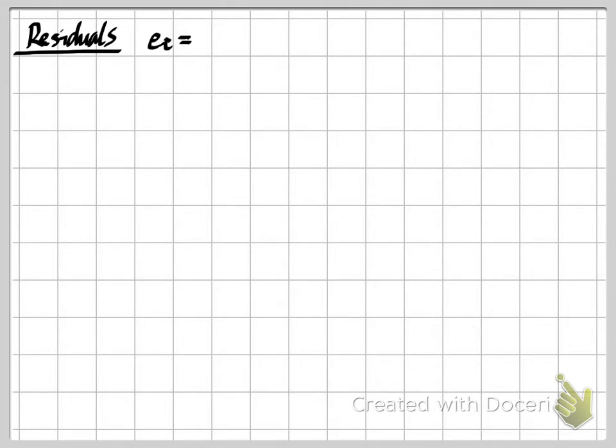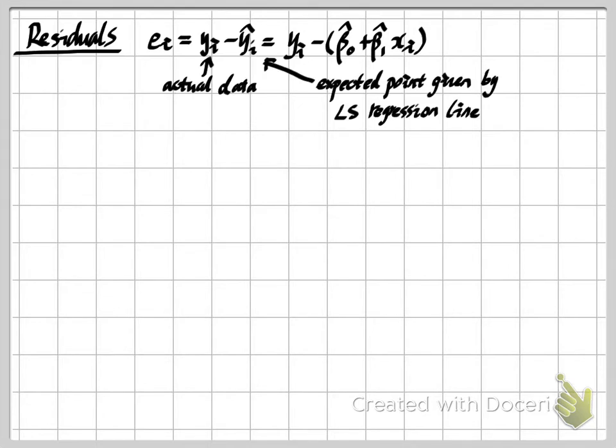So in other words, we can have our equation of our e i like this. So here, what's the name of this yi? So yi here is the actual value of our data. And this yi hat is the expected point based on our least square regression line.